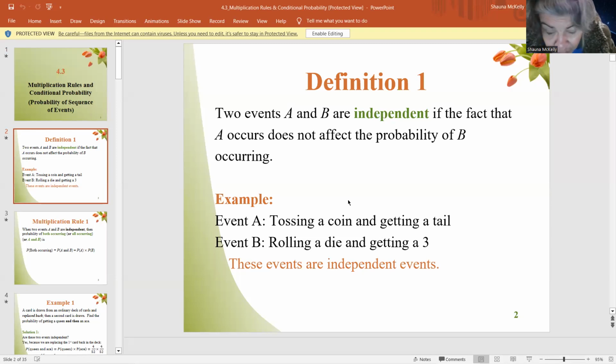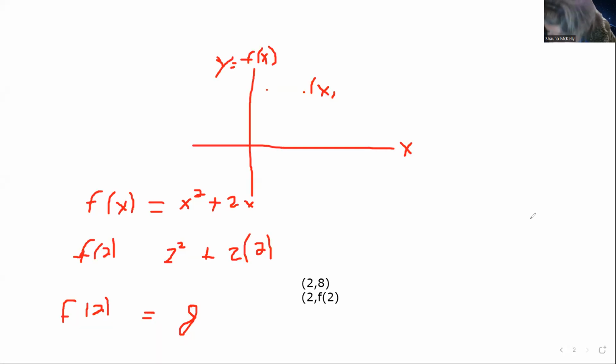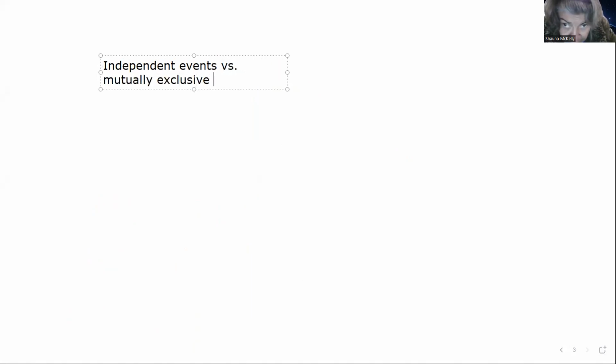Now, always there's confusion here, and understandably so, between independent events versus mutually exclusive events. This is always a confusion, okay?